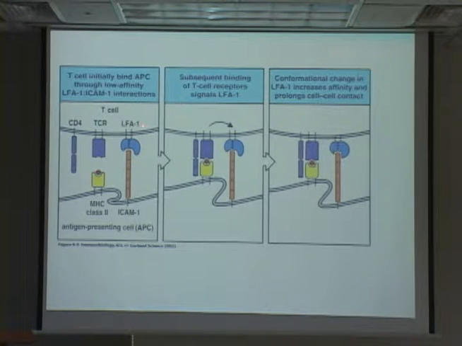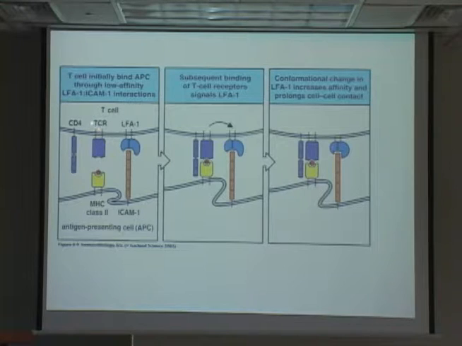And they do that by using molecules like LFA1, which is an adhesion molecule, and it has intermediate binding affinity for its ligand, ICAM1, on an APC. And so that will allow short-term contacts, and it will allow them, the T cells and the APCs, to come together. And that will then give the T cell receptor on that cell the opportunity to see if the MHC molecules on the APC are expressing a foreign peptide, which is shown here in red.